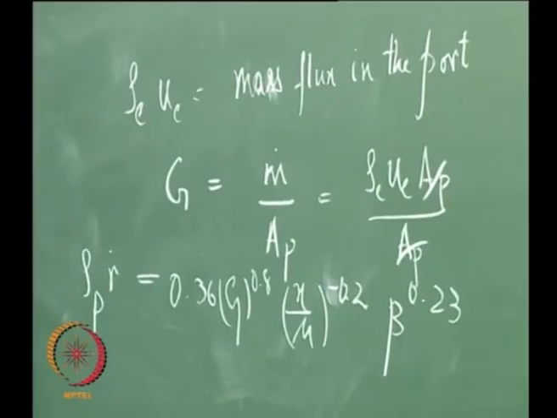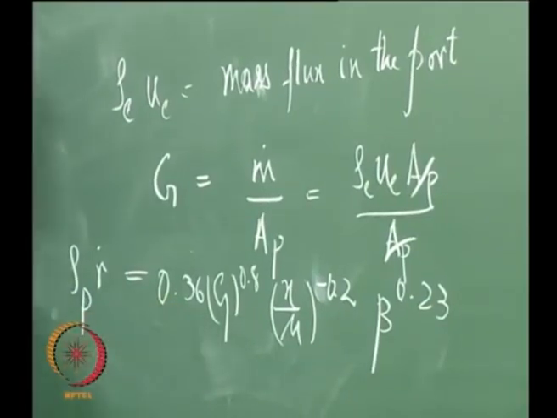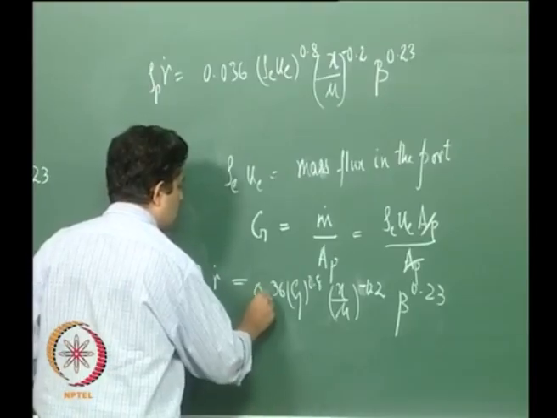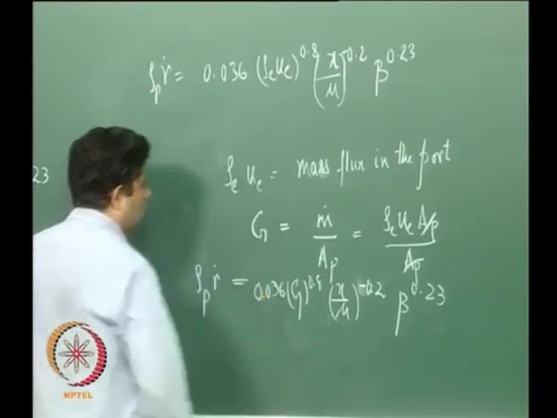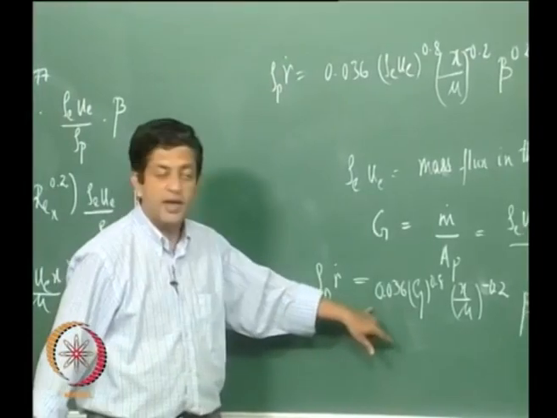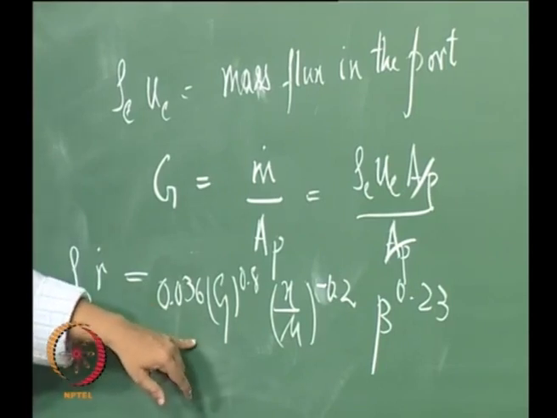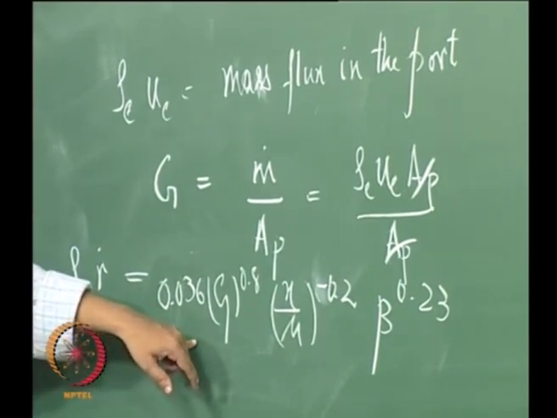So we come to this expression, there is a 0 here. So we get this expression wherein the burn rate is related to the mass flux through the port, right?